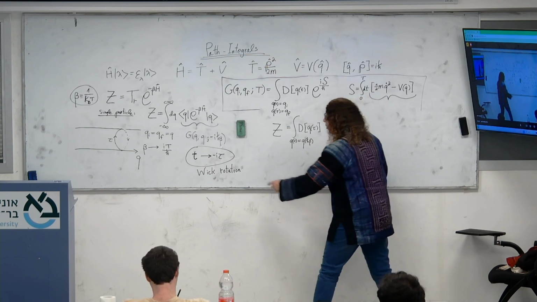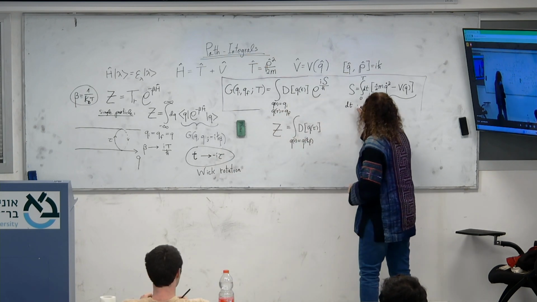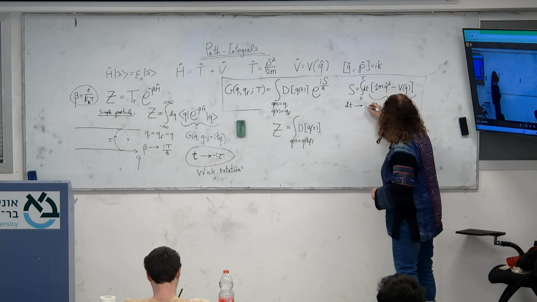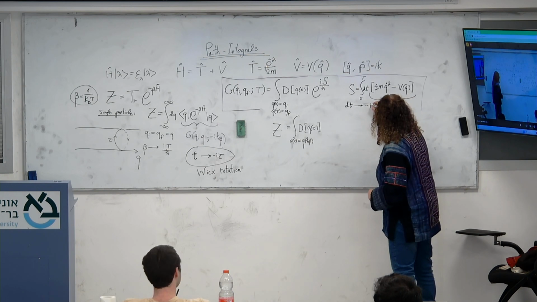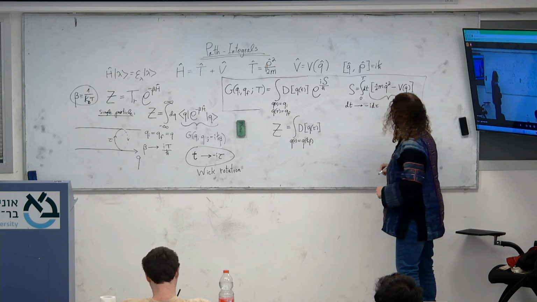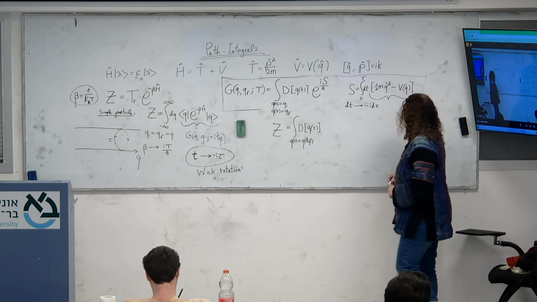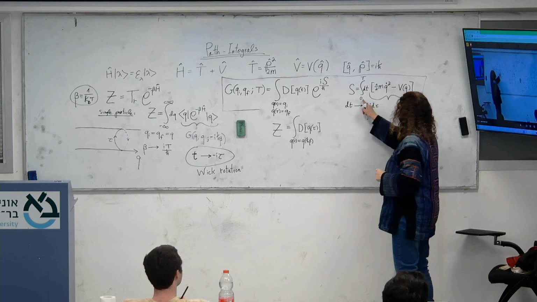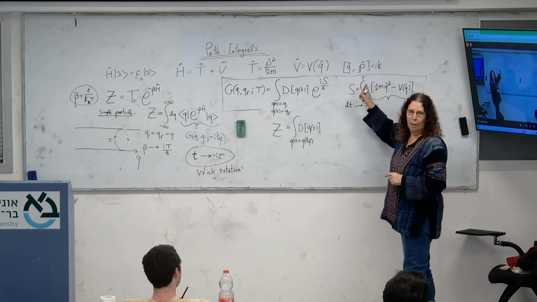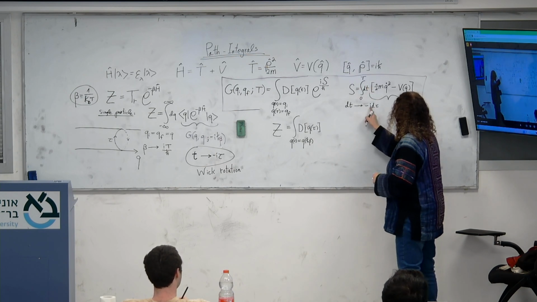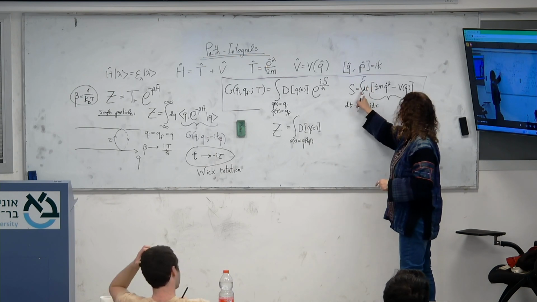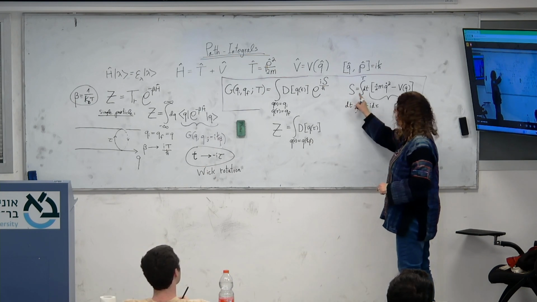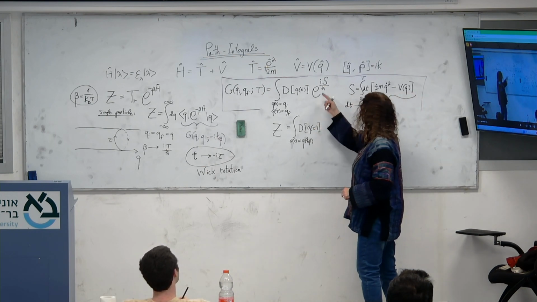If t goes to minus i tau, dt is mapped to minus i d tau, okay? And then this tau is going to be integrated between 0 and h bar beta, but there will be a factor of minus i outside the integral. Okay, this you already see how it will get to a real exponent.